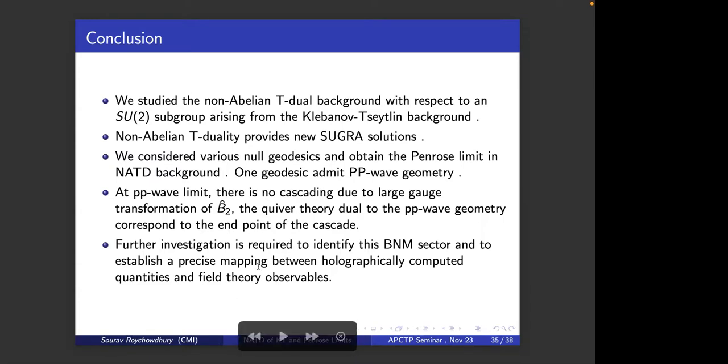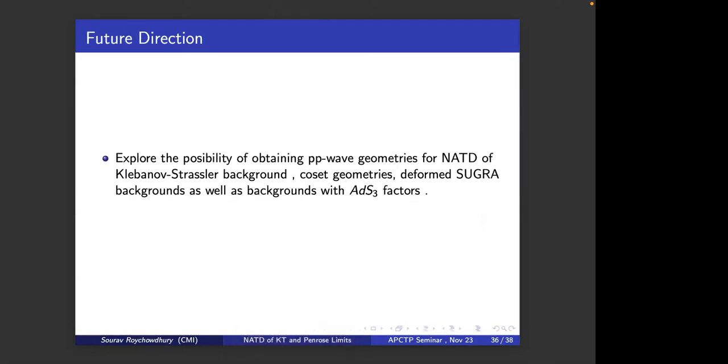As future directions, there are too many, because non-compactness is also a serious issue. However, we are now exploring the PP-wave in the full Klebanov-Tseytlin background, as well as some coset geometry. Interestingly, we also have some deformed supergravity backgrounds, like the lambda and eta deformed backgrounds.